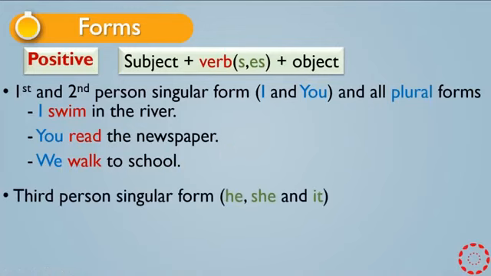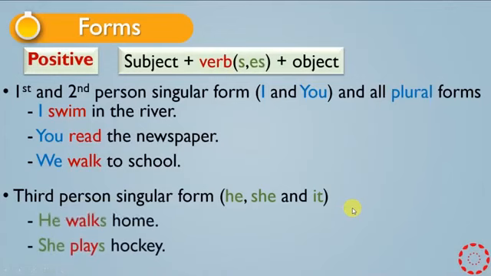But for third person singular, she, he, or it, we do something a little bit different. We use the base form of the verb and then we add s or es to the verb form.